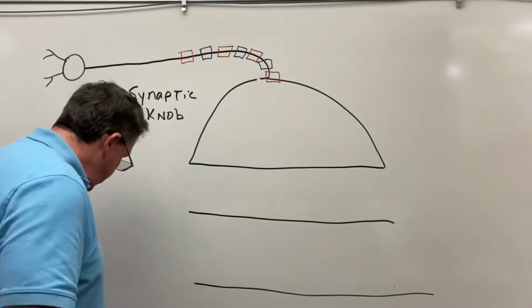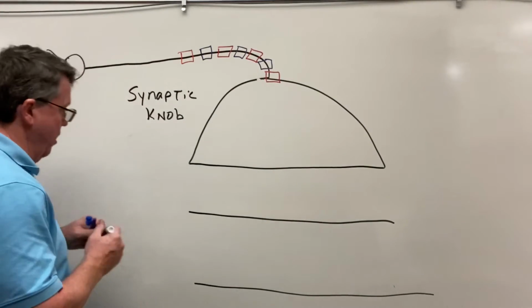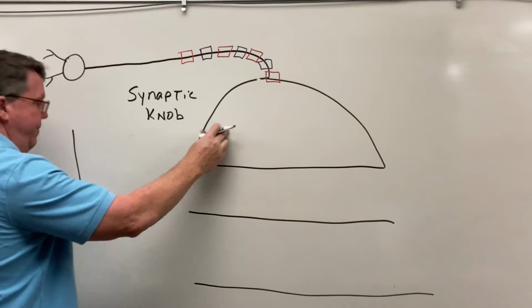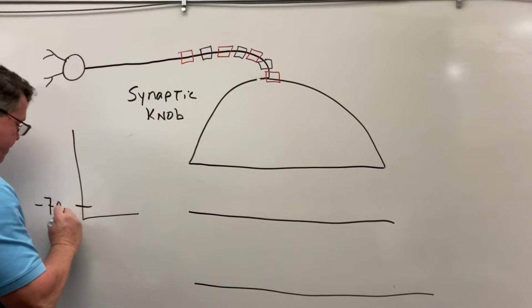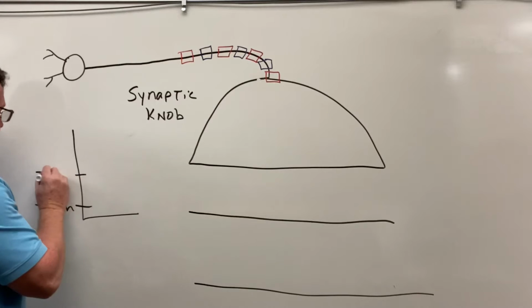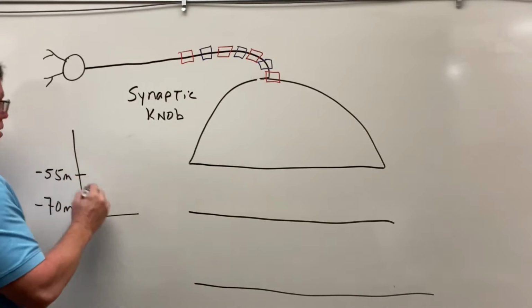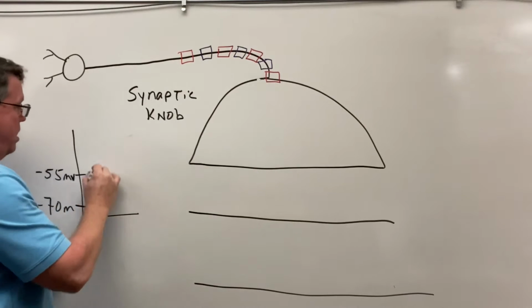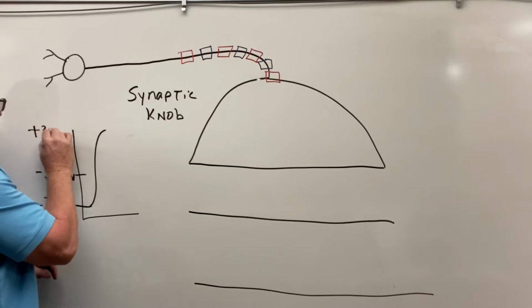And like we said on our graph that we drew a minute ago, the inside of this is -70. And now we get our stimulus. This is going to go up to +30.